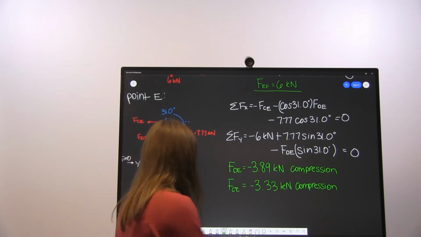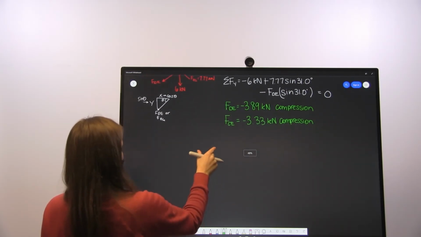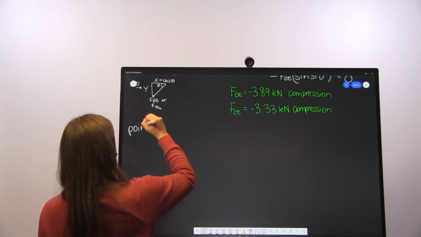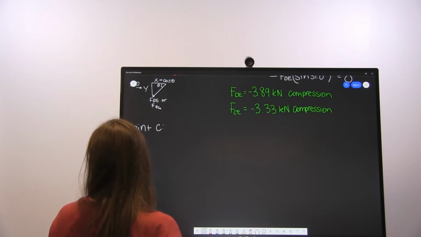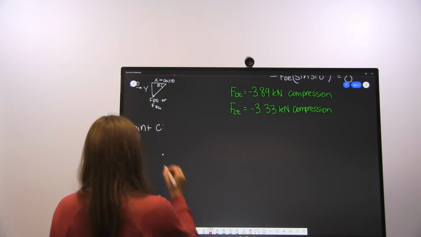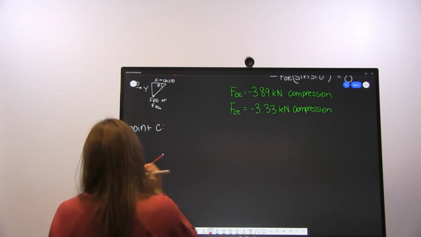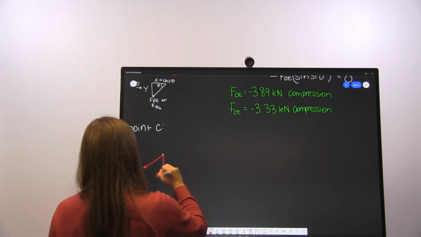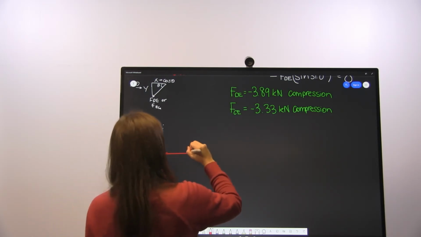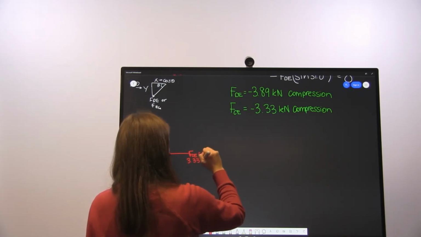Okay, so from here, we can move on to our next point, and that's going to be point C. So for point C, we start here, and we have our force member BC, force CD, and we have this force CE, which is equal to 3.33 kilonewtons.